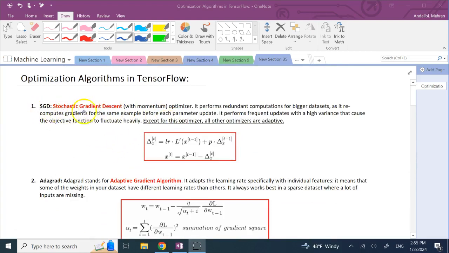For stochastic gradient descent, remember that at the end of the day, all of these algorithms are based on gradient descent, which is moving in the negative gradient direction at any point to go down the surface. The problem with this method is that when it gets to a local minimum, it can get trapped there.